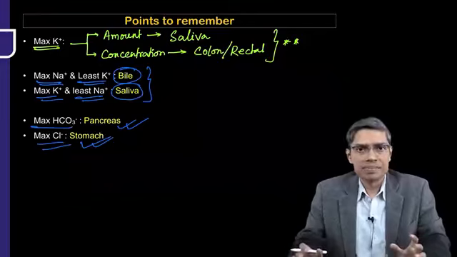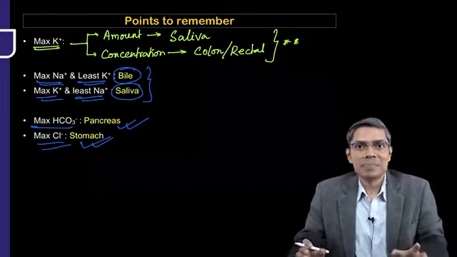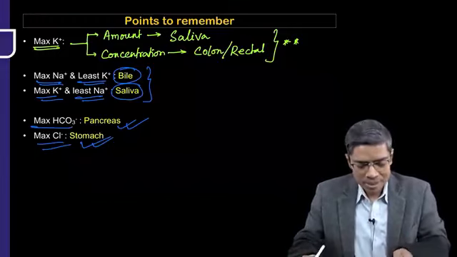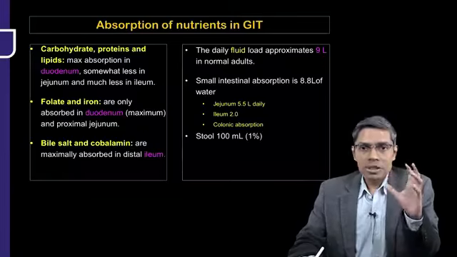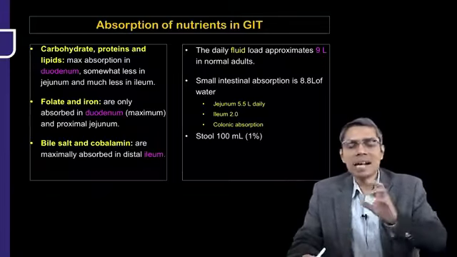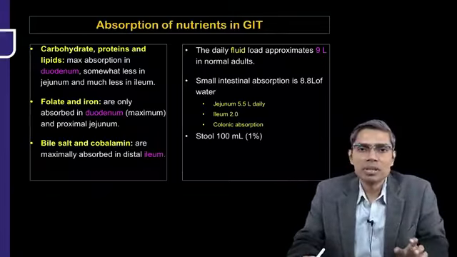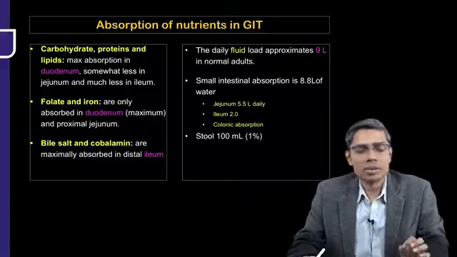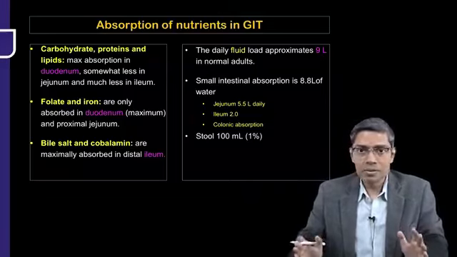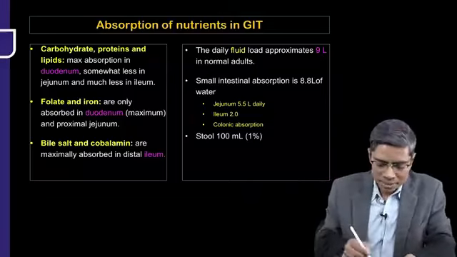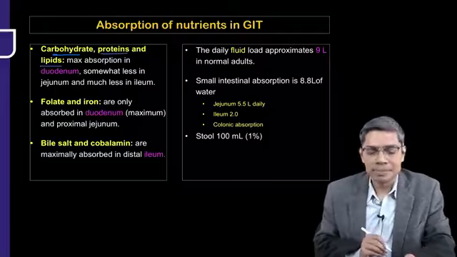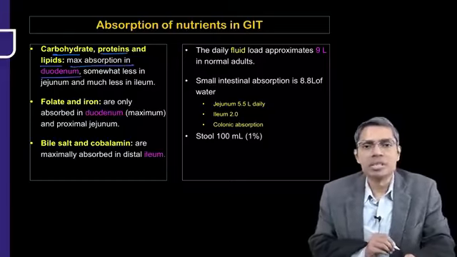Now after secretion, the absorption: the maximum absorption from which part, of what substances, is also important. So look at whether the question is about carbohydrate, protein or fat. The maximum absorption occurs from which part of the GIT? Answer is duodenum, not the jejunum. I am telling you in my main lecture, I have given you the reference also, but for the timing, you just revise that maximum carbohydrate, maximum protein, maximum lipid are absorbed from which part of the GIT?